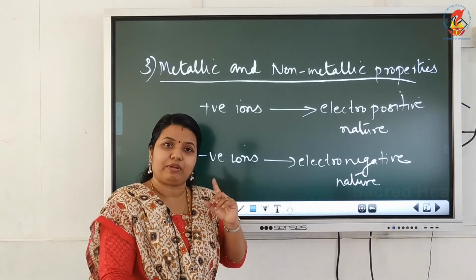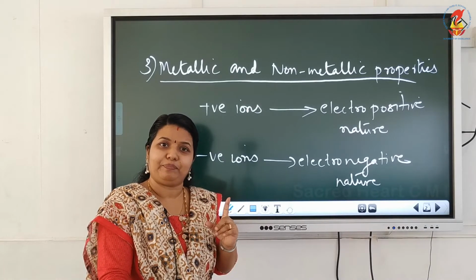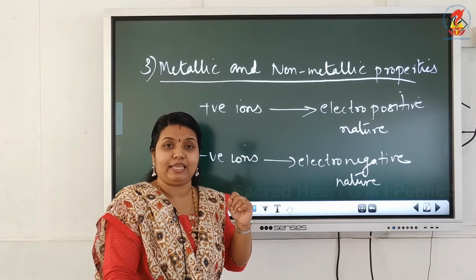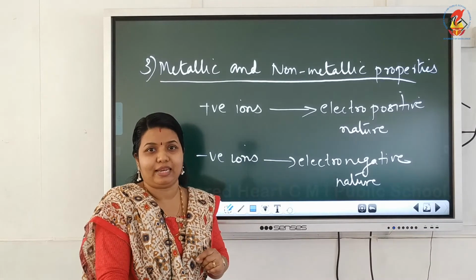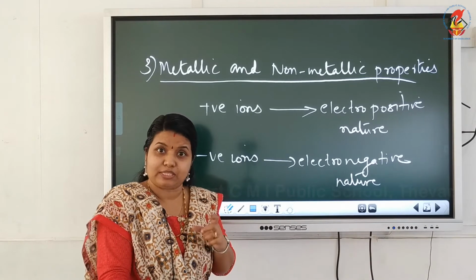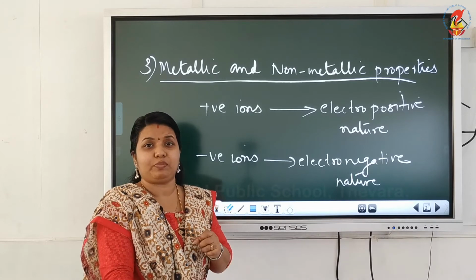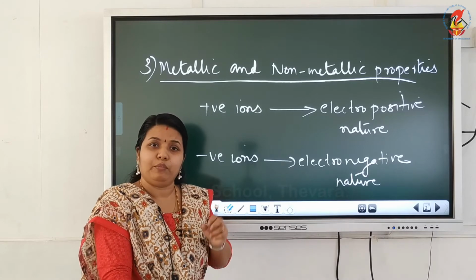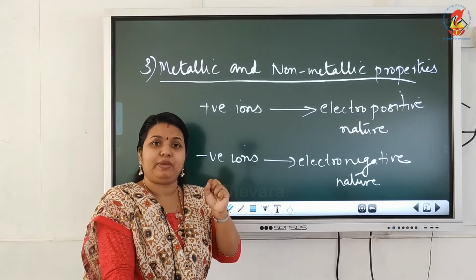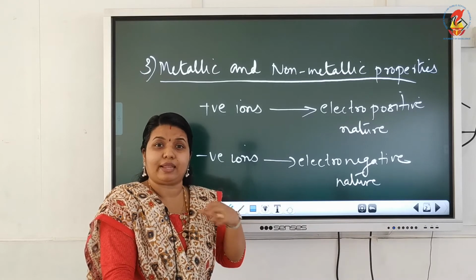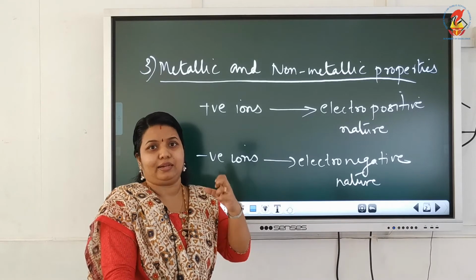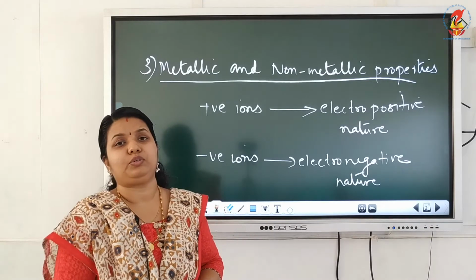But as you move from left to right, non-metallic character increases because the effective nuclear charge experienced by the outermost electron will be more. The nucleus will have a tendency to attract more electrons closer towards it.